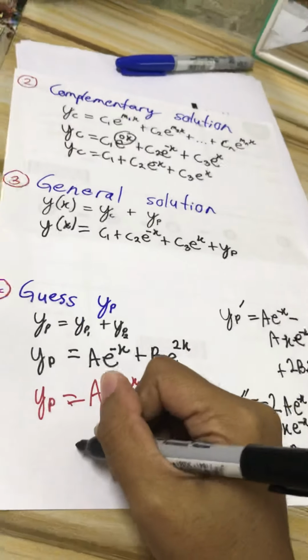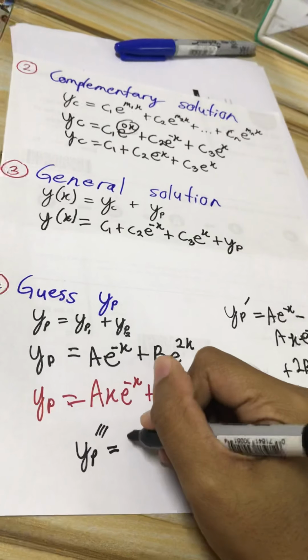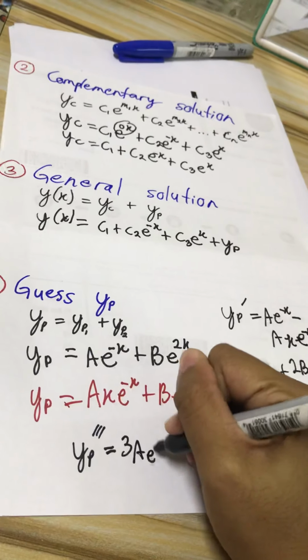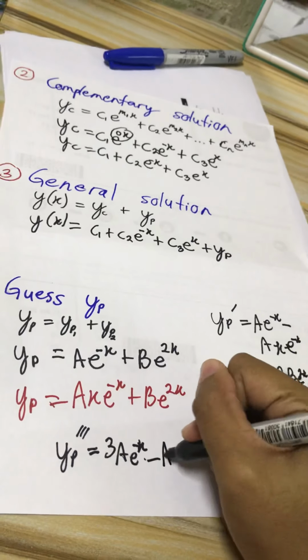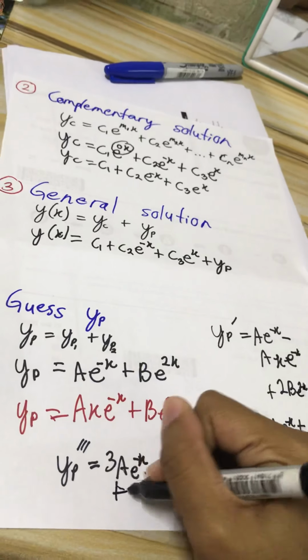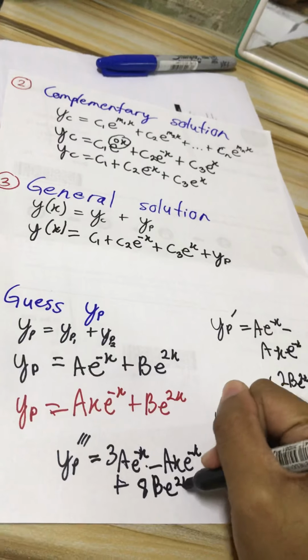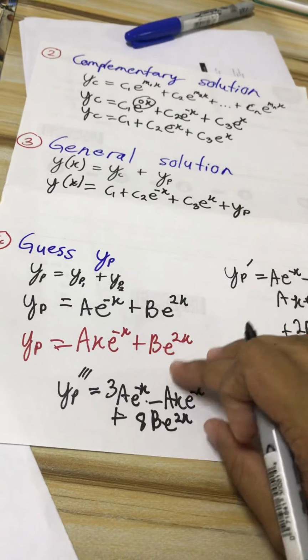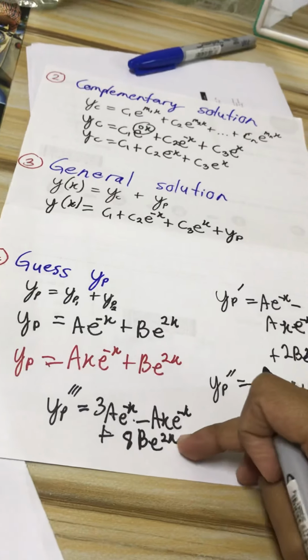And then the third derivative of yp. So here we get 3a e minus x minus a x e minus x plus 8b e 2x. So we differentiate the yp with respect to the first, second and third derivative.